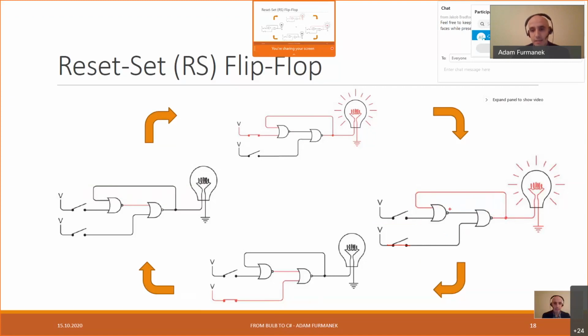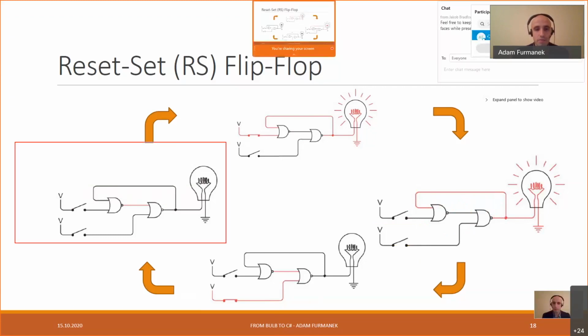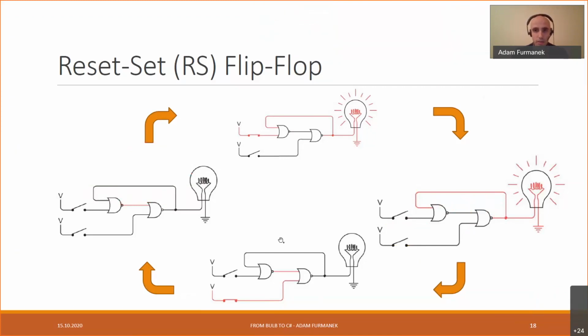So then there will be 1 emitted here, and because of that, the circuit will converge to the initial state which we observed on the left, which is basically electricity flowing only here and the bulb being turned off.